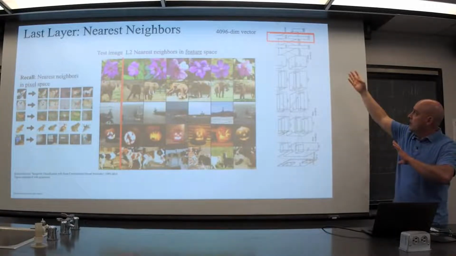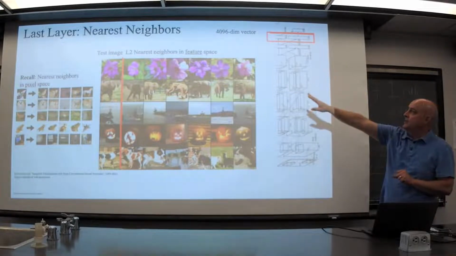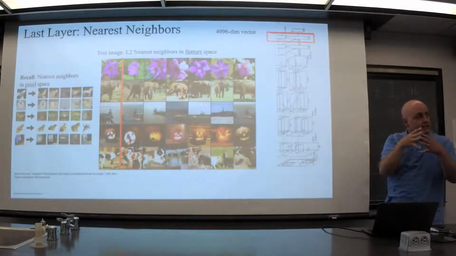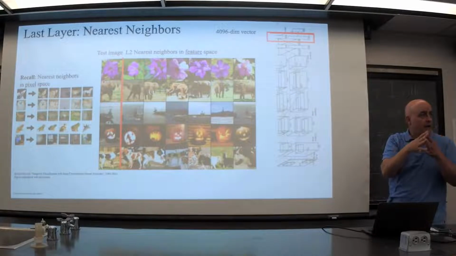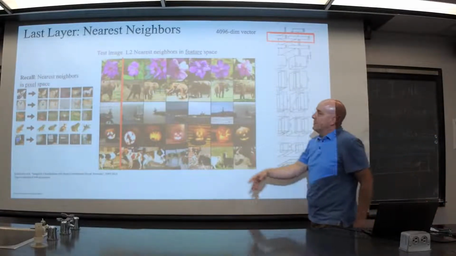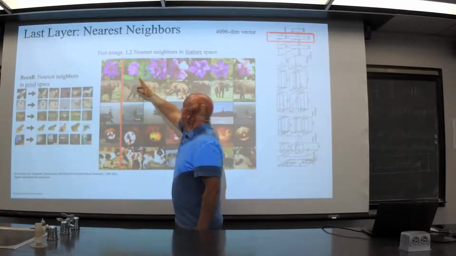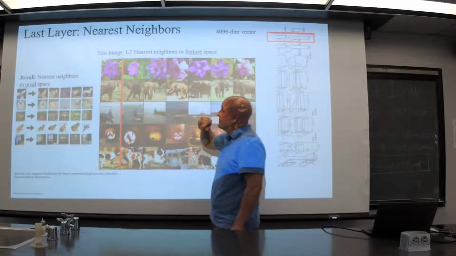Then go look at all the other images with feature vectors that are similar, or in some sense close, to the feature vector for that image. If you do that, what you see is a whole lot of similarity.